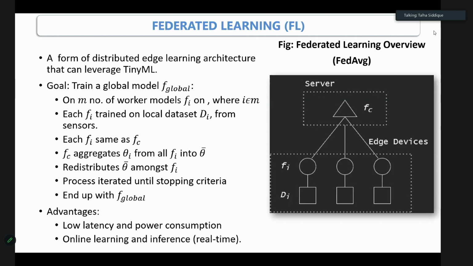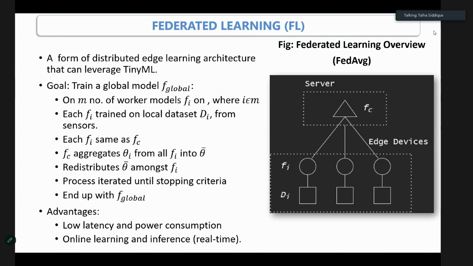Each of these edge model units or nodes locally trains a machine learning model, and whatever parameters are estimated in these nodes are forwarded to the server. In the server there is the global model which aggregates these local parameters using a form of averaging scheme, and then based on that average parameter, it makes a forecast.